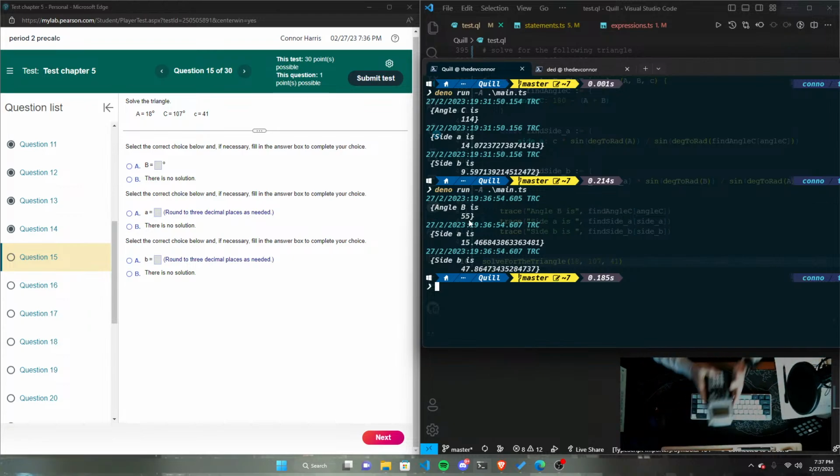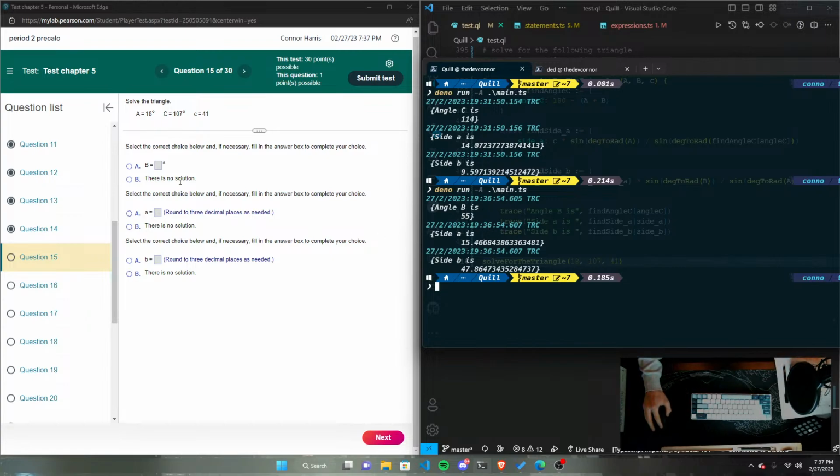So we have 18. Let me just clear this. We have 180 minus what is it? 18 plus 107, which we get is 55. Cool.